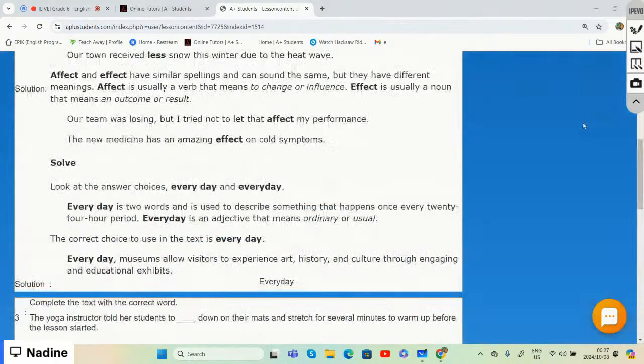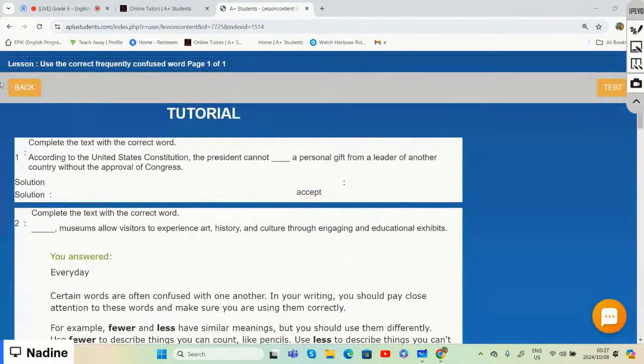All right, so now let's go to our test, where we're going to be using the correct frequently confused words.